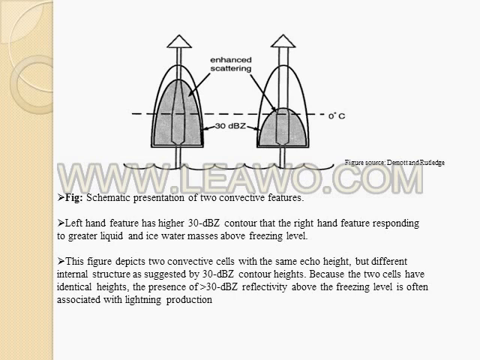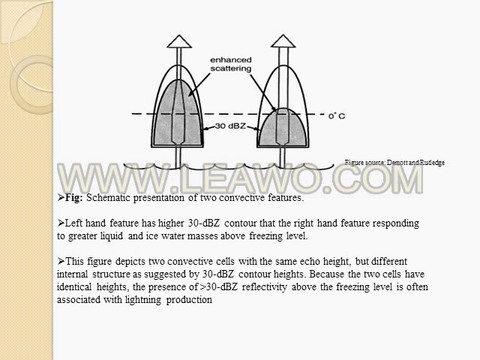The left hand feature has the 30 dBz contour higher, corresponding to the greater liquid and ice water masses above the freezing level. So this is the freezing level, and this figure depicts two convective cells with the same echo height but different internal structures, as suggested by the 30 dBz contour heights.